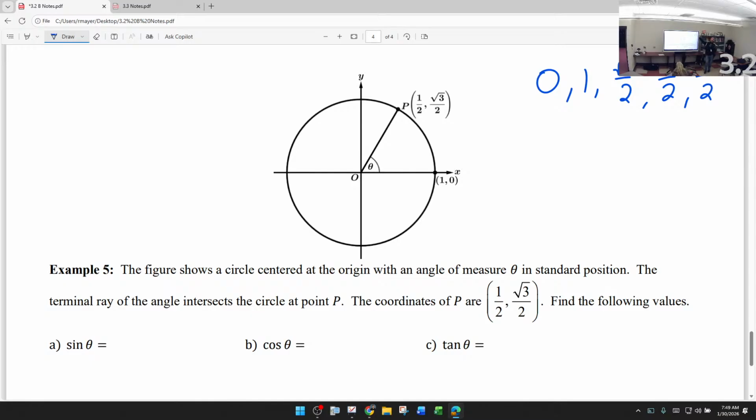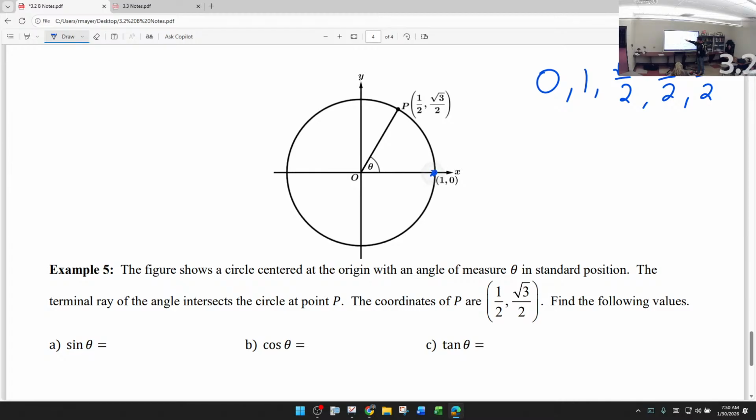Those are the only ones you've got to have memorized. Now, I say it's the only ones. It can happen infinite ways, but those are the only ones you've got to know.